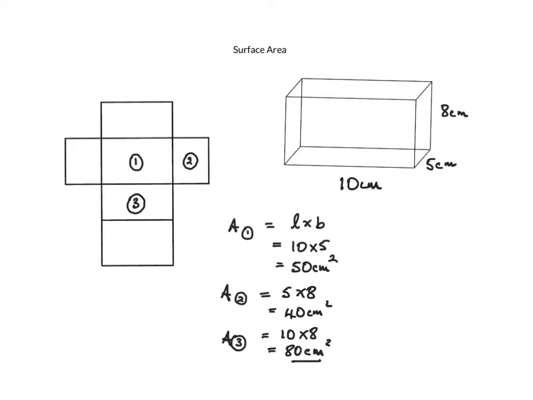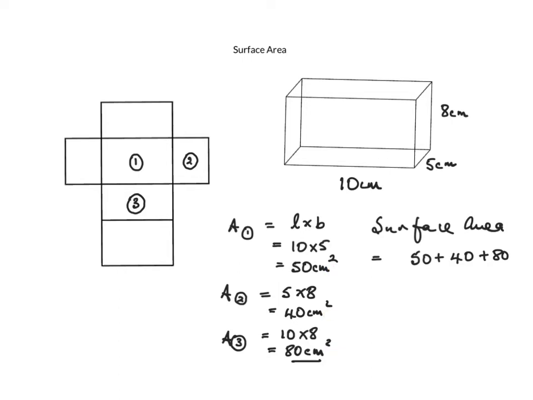Now, surface area then is found by adding all these together, so we've got 50 plus 40 plus 80, but there's something else that we've still got to do. These are just the areas of 3 faces.